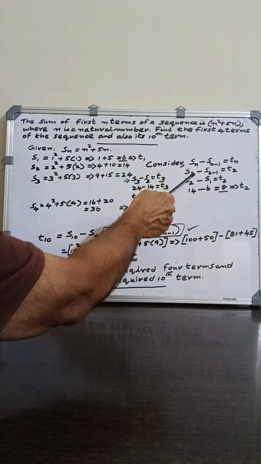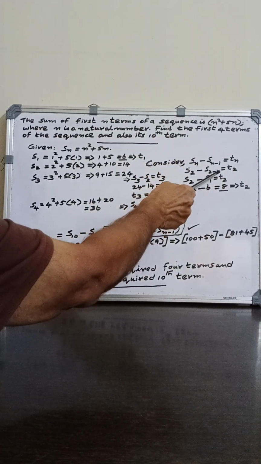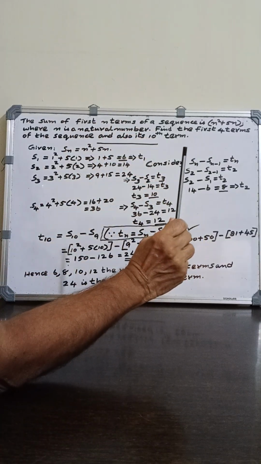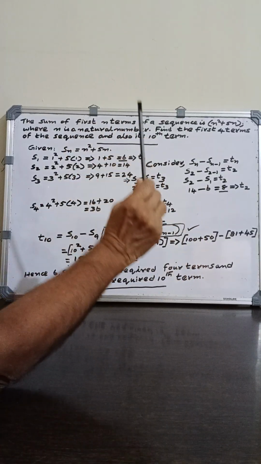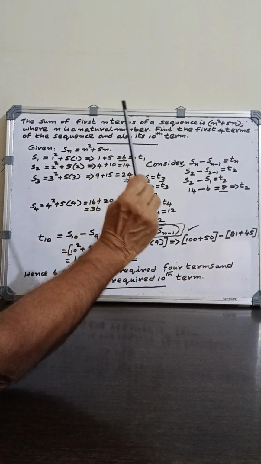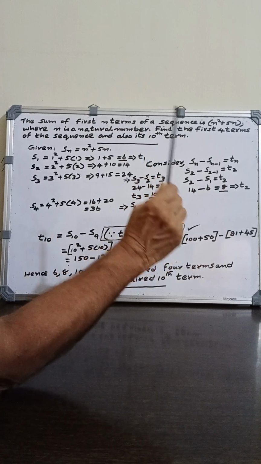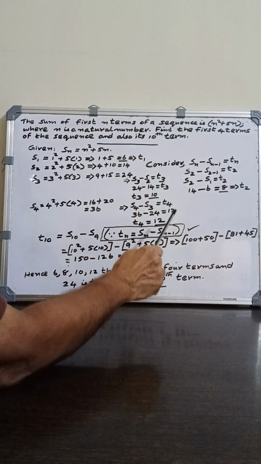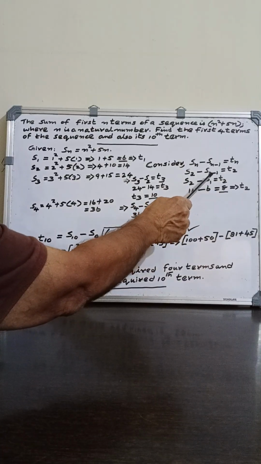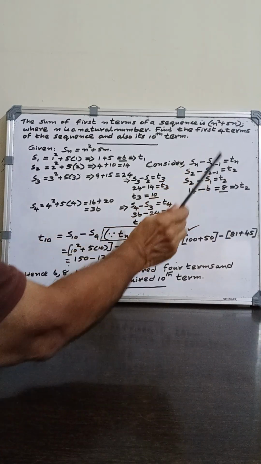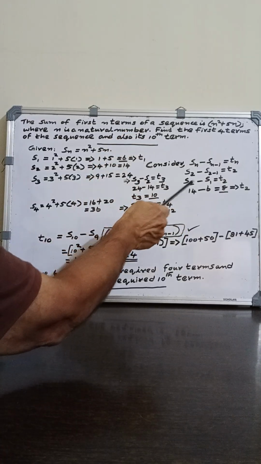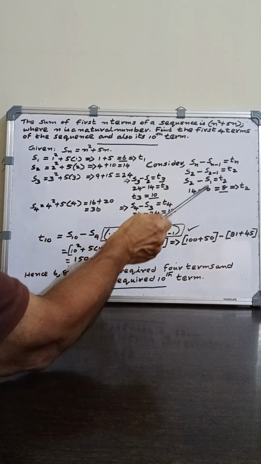Sum of first two terms minus sum of first one term, where sum of first one term is a, the first term. But S2 minus S1 equals T2. That is a sure fact. Therefore, S2 minus S1 equals T2.